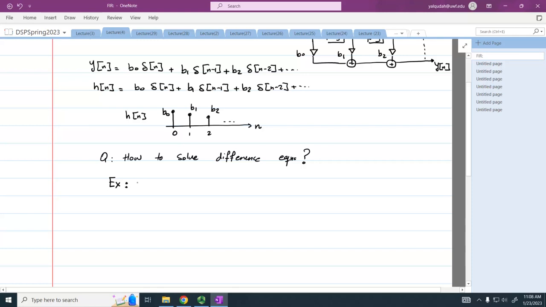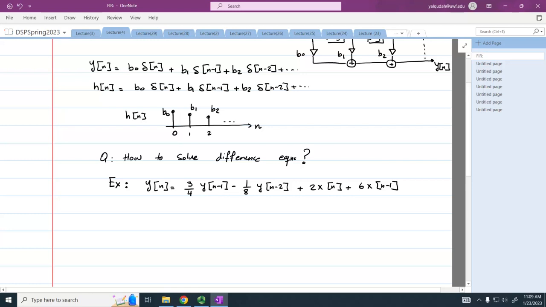Of course, this is one method of solving the difference equations. So let's say we have y of n equals 3 over 4 y of n minus 1, minus 1 over 8 y of n minus 2, plus 2x of n, plus 6x of n minus 1.